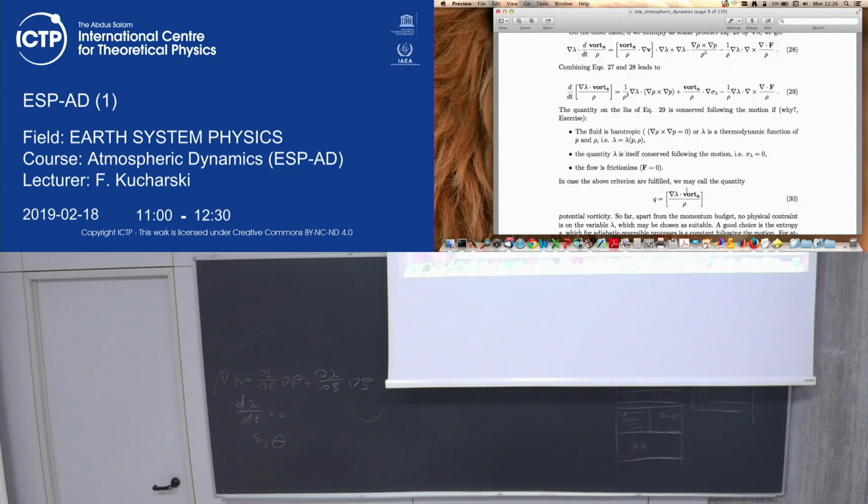And if a flow is adiabatic reversible, it should also be frictionless. In that case, we can derive this, if these are fulfilled, an exact conservation law following the fluid motion for this quantity here. This quantity then is called potential vorticity.